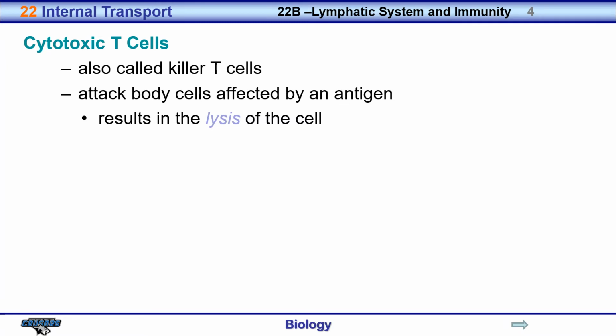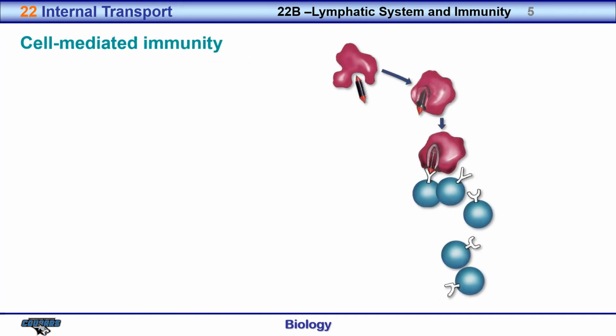So what it's going to do is rupture the cell, and it's going to spill out its contents. Obviously, that cell now is going to die, but then it will render that cell unable to reproduce the antigen and prevent the antigen from multiplying itself.